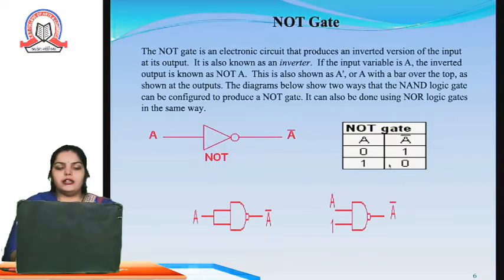Now the NOT gate. The NOT gate is an electronic circuit that produces an inverted version of the input at its output. It is also known as an inverter. We use NOT gates in inverters.